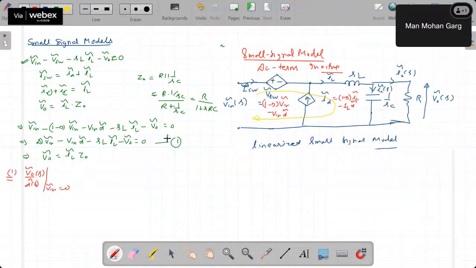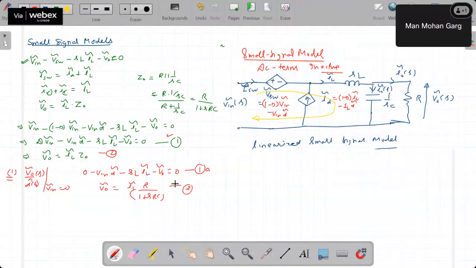So what does this equation 1 become? It becomes 0 minus V in D cap minus SL IL minus V naught equal to 0. Right? Yes. So this becomes my 1A. And the equation V naught equal to IL into R upon 1 plus SRC is always valid. So this is my equation number, let's say 2.